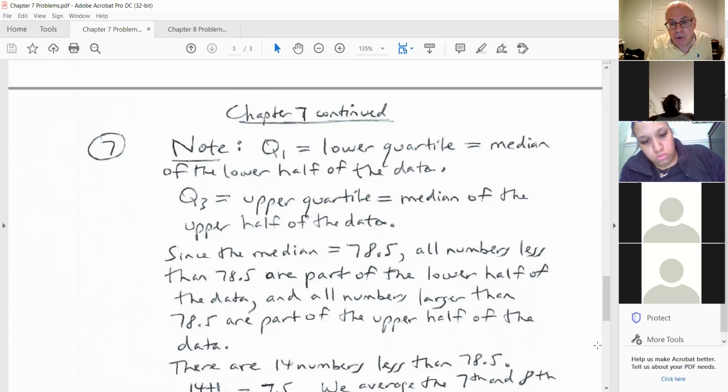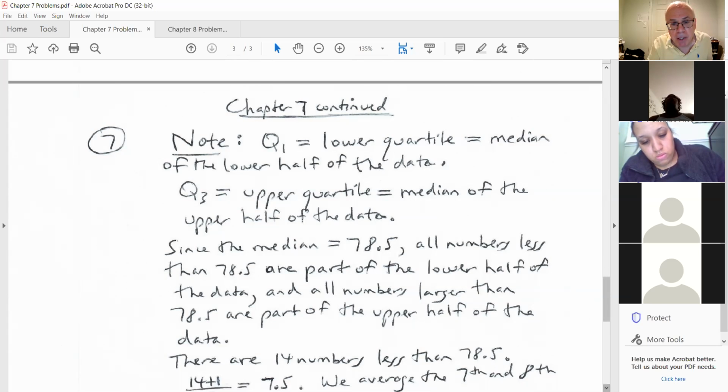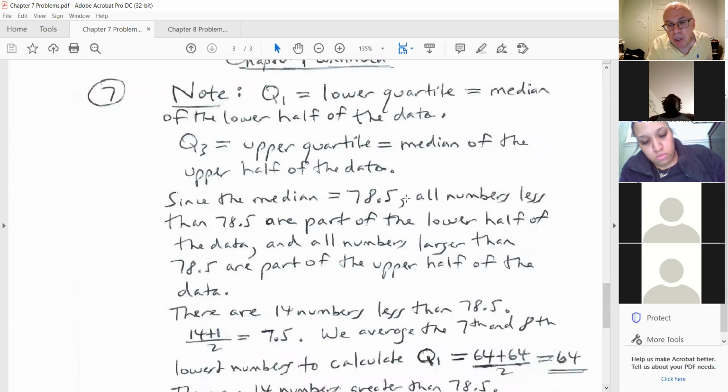Okay? So in this problem here, the median is 78.5. There's 14 numbers that are smaller than the median of 78.5, and there's 14 numbers that are bigger than the median 78.5. Now, of the 14 numbers that are smaller than 78.5, the median of those 14 numbers is what?